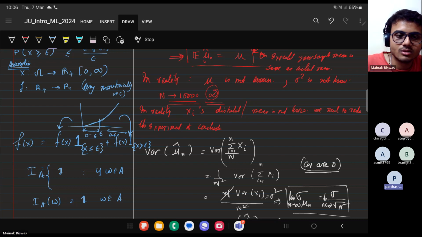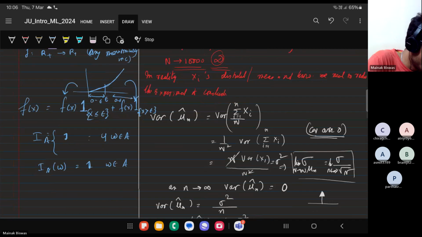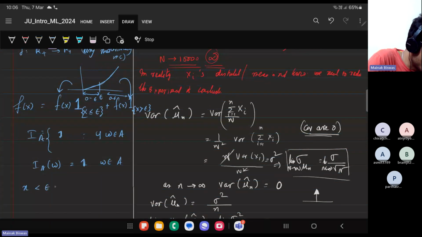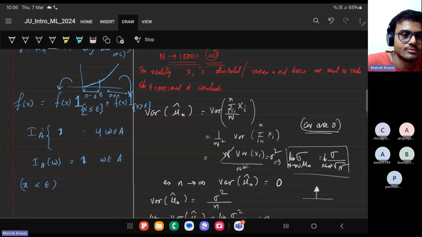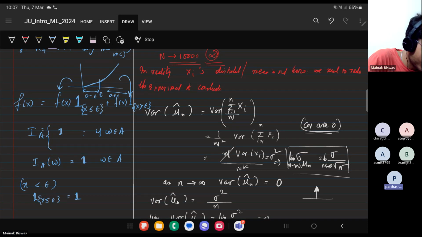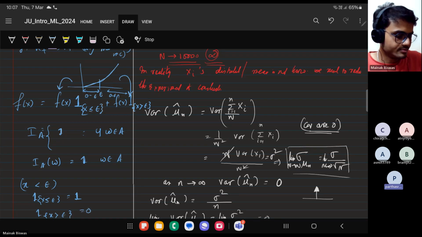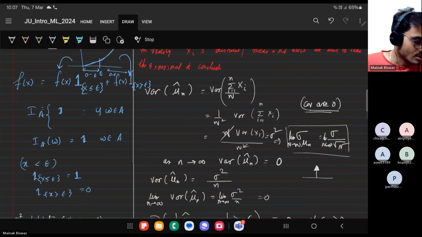Can I break it up into two terms? Say x is less than epsilon, then the indicator of x less than epsilon is equal to 1 and the other one becomes 0. Only one will be there at a particular time. Yes, I hope you have understood.